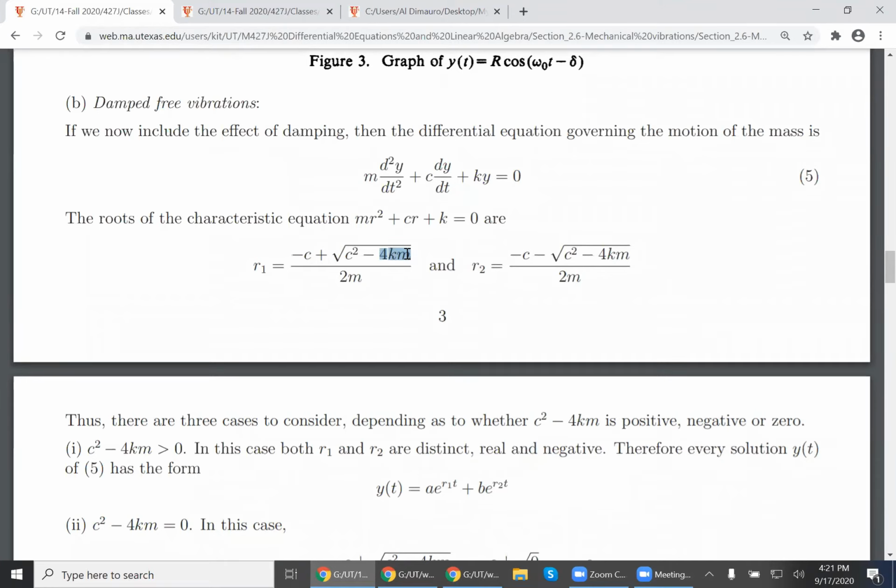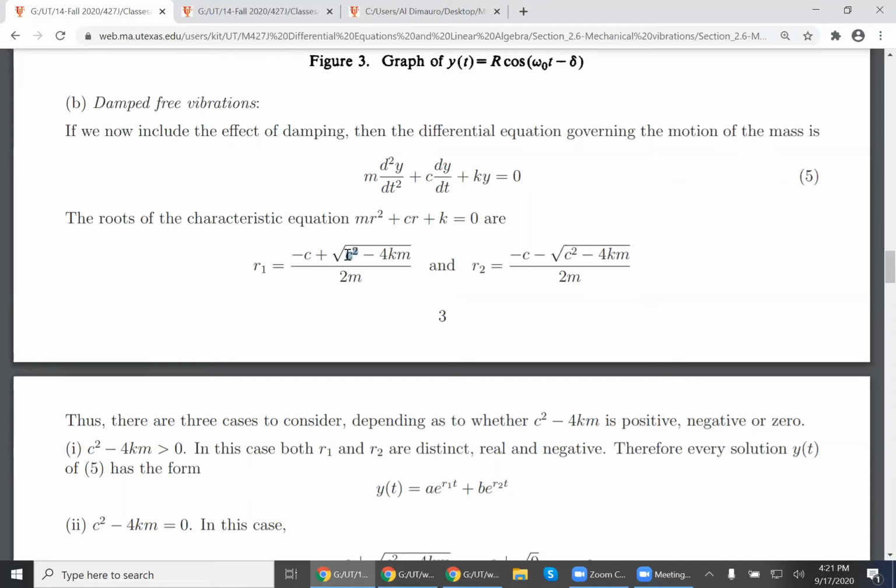4km is a positive number. Therefore, when we subtract it from c squared, the resulting number is strictly lesser than c squared.